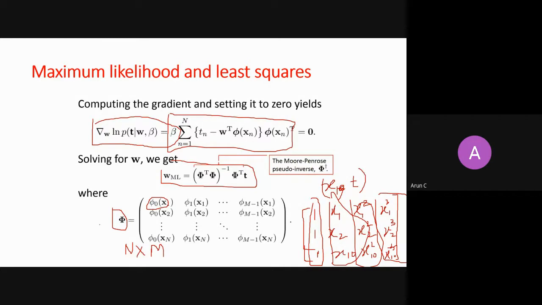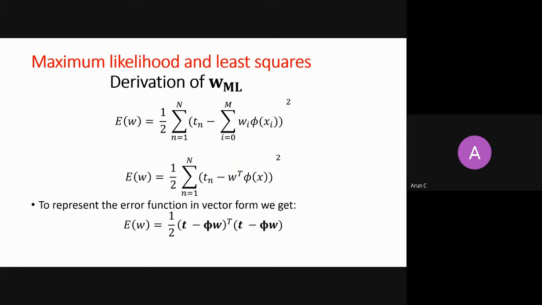This is known as the design matrix, and you can see it as an input x. If you don't project it using a basis function, then you can write it as x. In statistics, people write it as x, right? So let's see now from here onwards how to derive this solution.